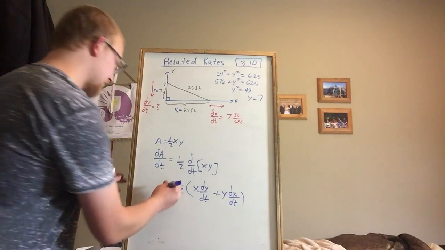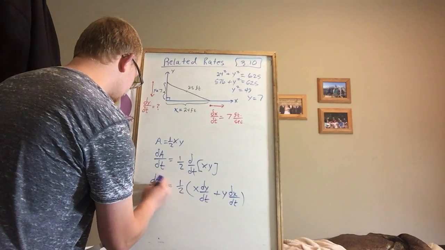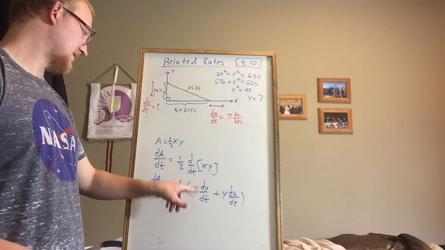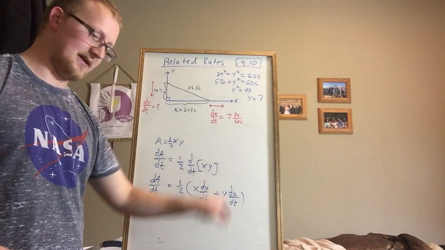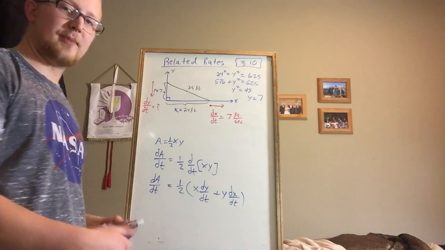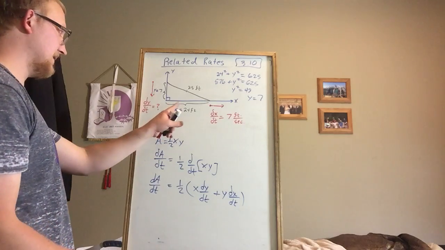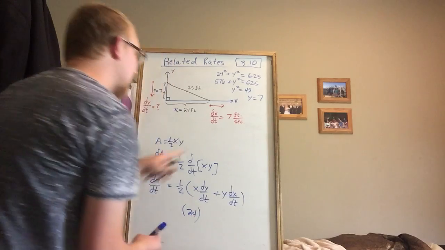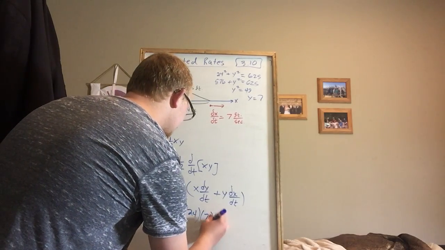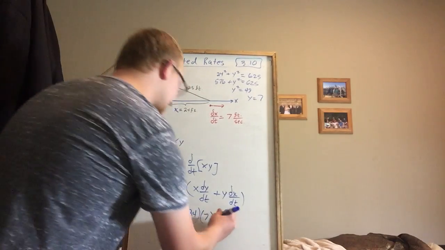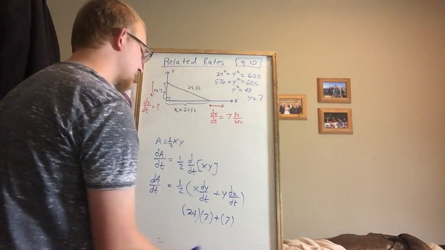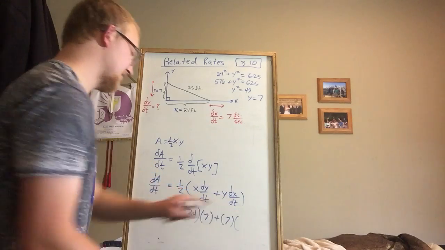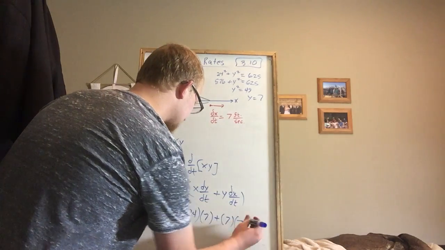And here's our equation right here. It's dA dt equals 1/2 times the quantity x dy dt plus y dx dt. And we have all the information we need, so we can go ahead and plug it in. We know at this instant in time, x is 24, and that dx dt is 7 feet per second, plus y, which is 7, the projection of the ladder on the y-axis, and I'm sorry, dx dt is over here, and that's equal to 7 feet per second.